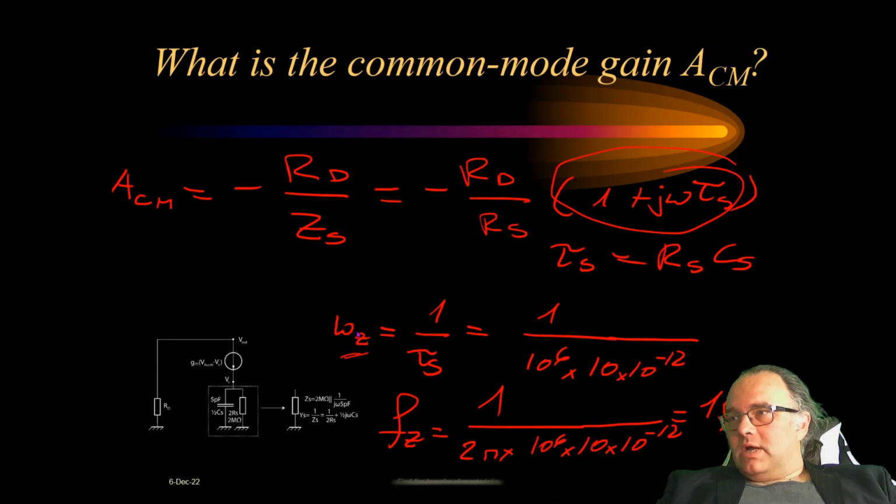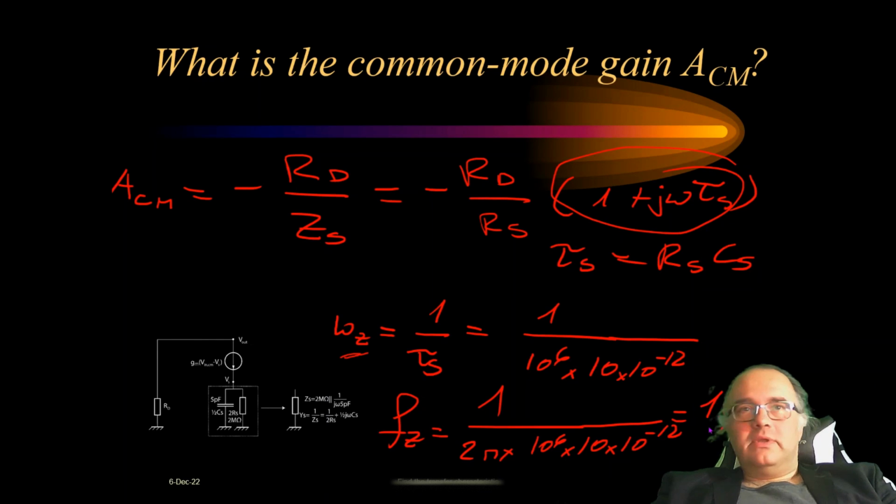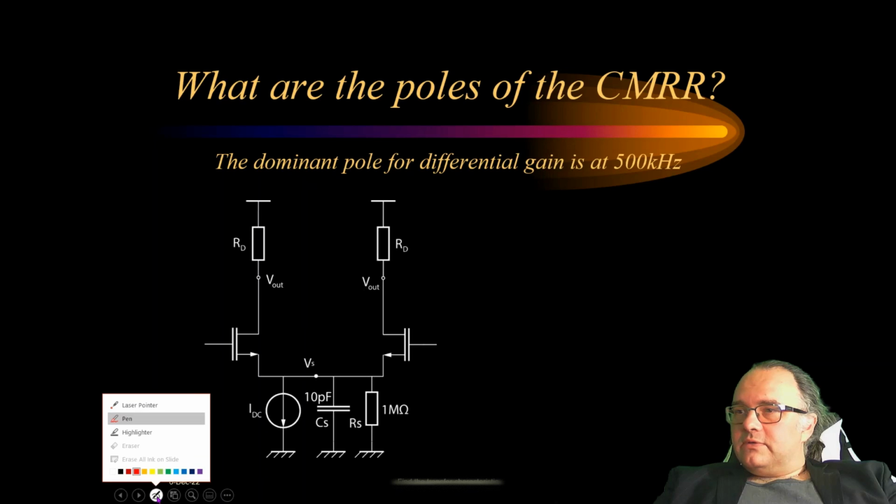You can calculate what it is, and then in hertz, in kilohertz, in hertz it will be 1 divided by 2 pi of this. If you plug in the numbers, you should get 15.9 kilohertz.